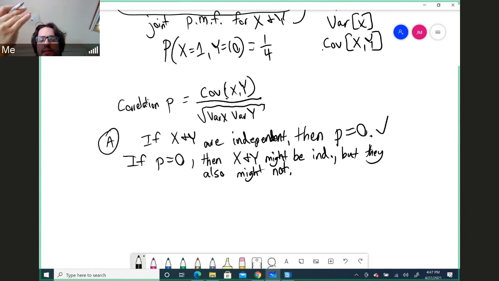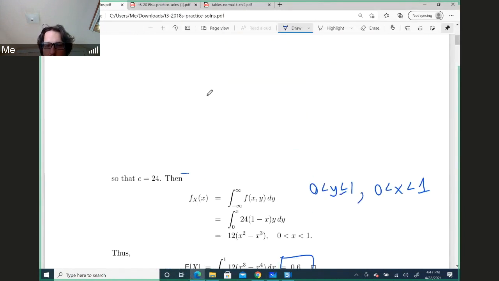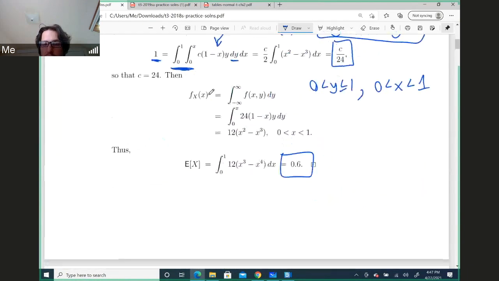If they put that as a true and false question, you would of course write false, because going the other way does not necessarily happen. But definitely correlation is fair game. I don't think I saw correlation on this particular past exam, but I definitely think it's fair game. Does that answer your question?